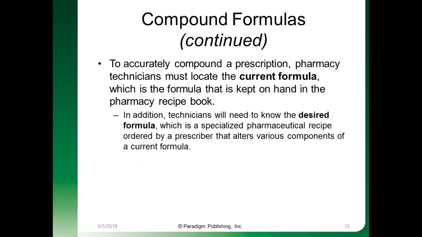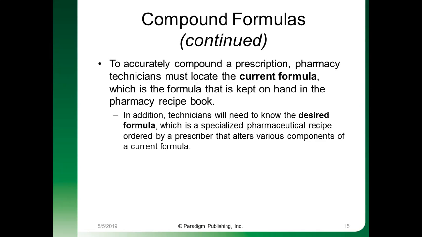So to accurately compound a prescription, the pharmacy technician must locate the current formula, which is the formula that is kept on hand in the pharmacy recipe book. In addition, technicians will need to know the desired formula, which is specialized pharmaceutical recipes ordered by a prescriber that alters various components of a current formula.